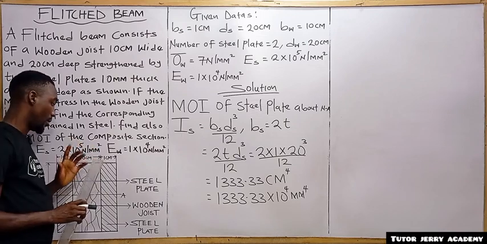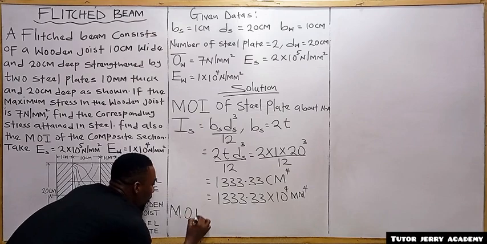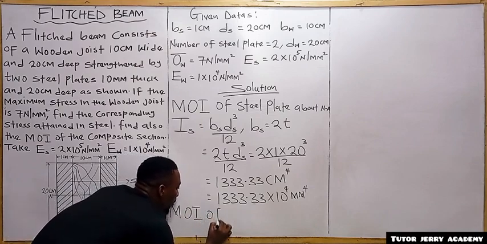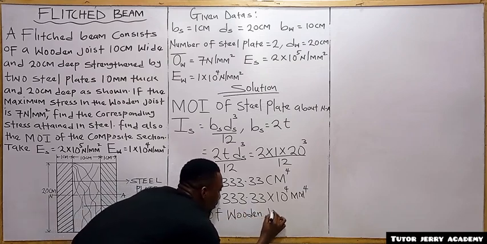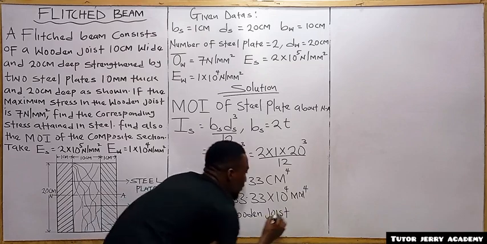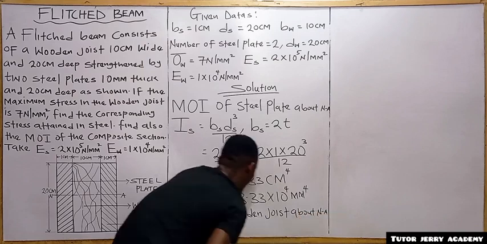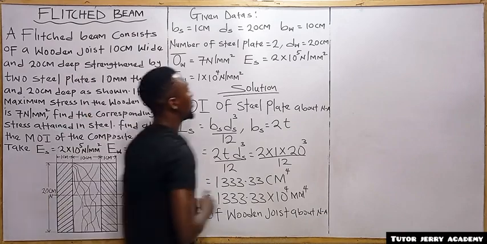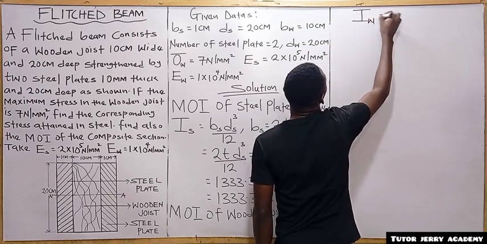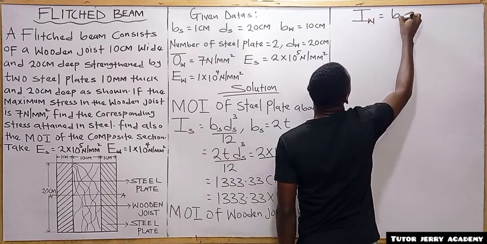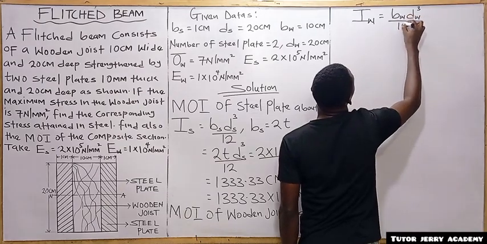The next one is the moment of inertia of the wooden joist about the neutral axis. This is I subscript W, which is going to be B subscript W times D subscript W cubed, all over 12.